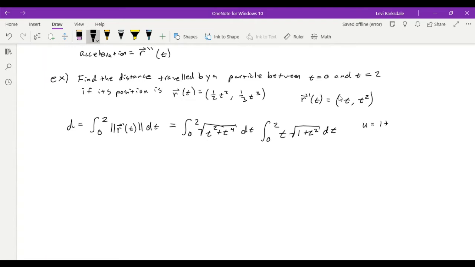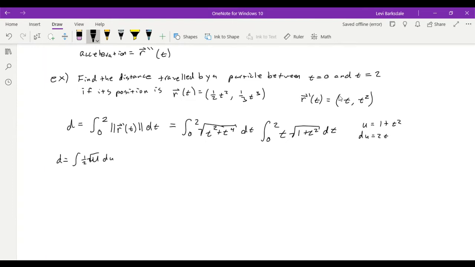Now we can solve this by using u substitution. If we let u equal 1 plus t squared, du is equal to 2t dt. So we get that our D is equal to the integral of 1/2 square root u du.